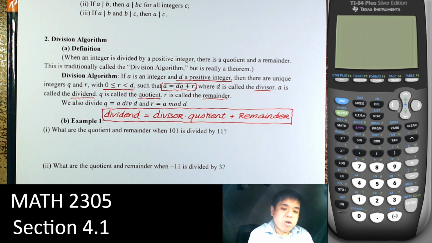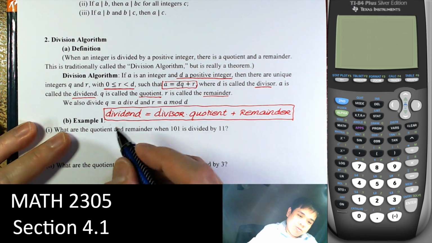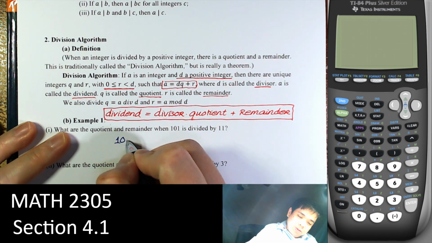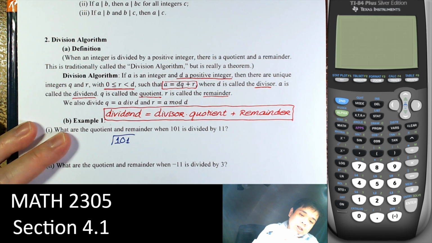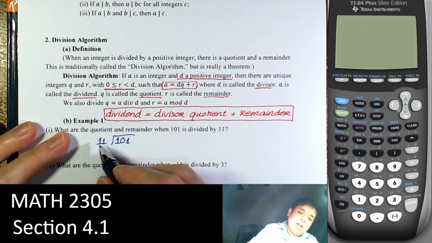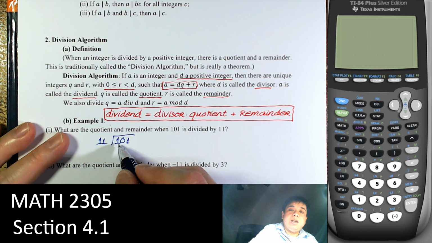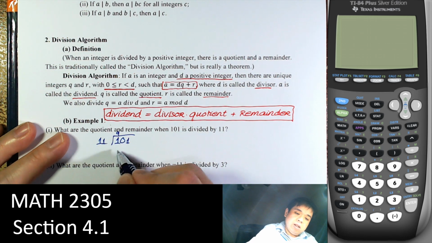Now, what are the quotient and remainder when 101 is divided by 11? We just see how many times 11 goes into that, certainly 9 times. That will be 99, and that leaves 2.